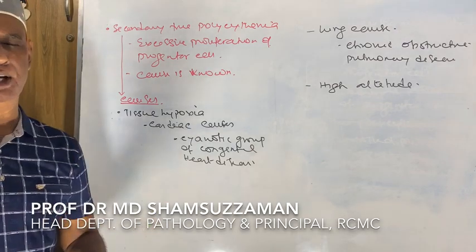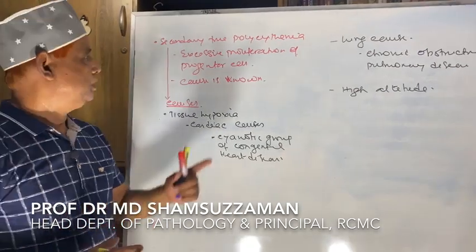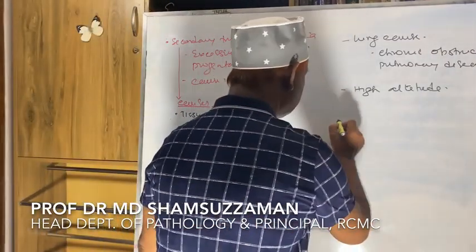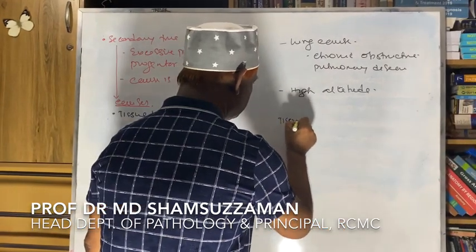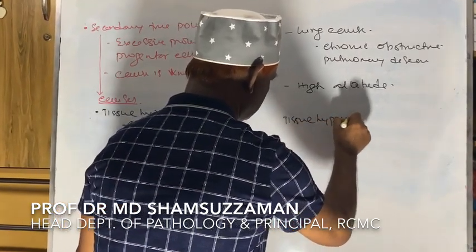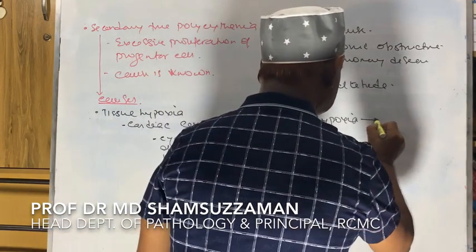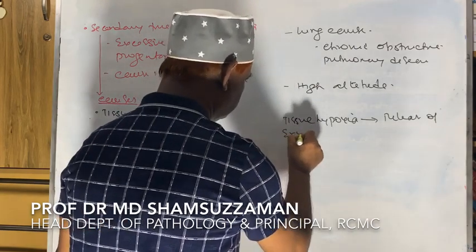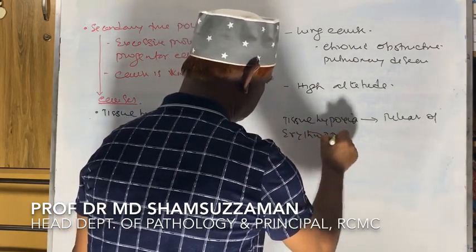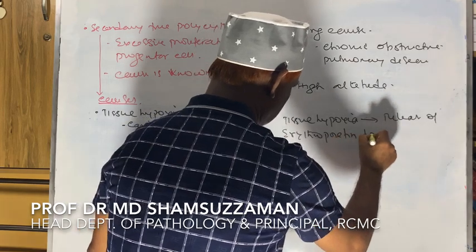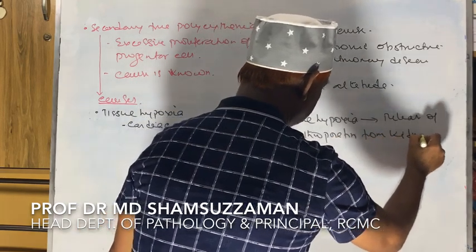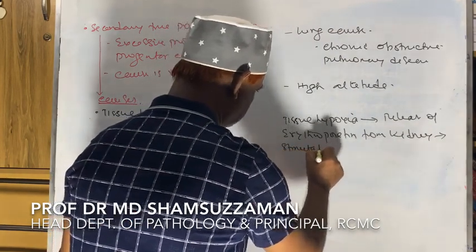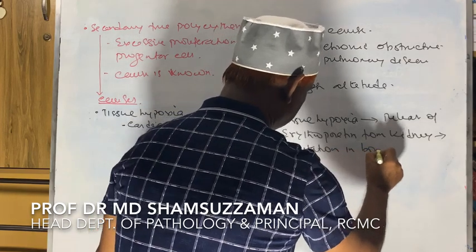If there is tissue hypoxia, why is there excessive proliferation of progenitor cell? Dear audience, you know tissue hypoxia causes release of erythropoietin from kidney, and stimulation in bone marrow.